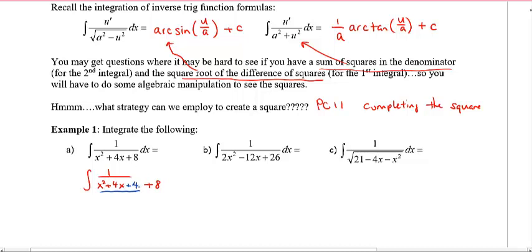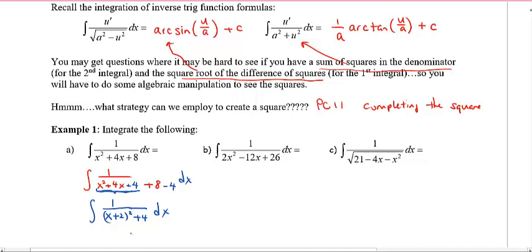That's plus 4. But wait, we can't just blindly add in 4. That changes the whole value of the equation. So we have to balance it out by subtracting 4. Now, these three terms, the lovely trinomial, now becomes 1 over x plus 2 all squared. And then 8 minus 4, of course, is just plus 4. By the way, I forgot this dx in there.